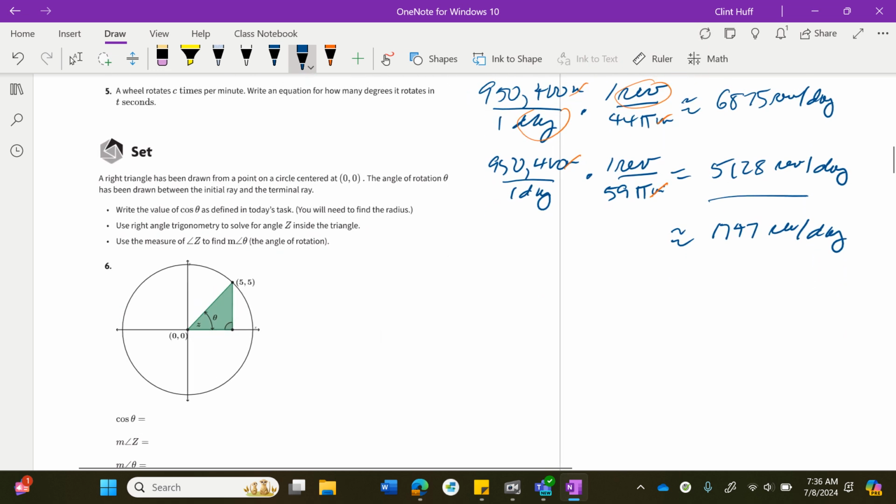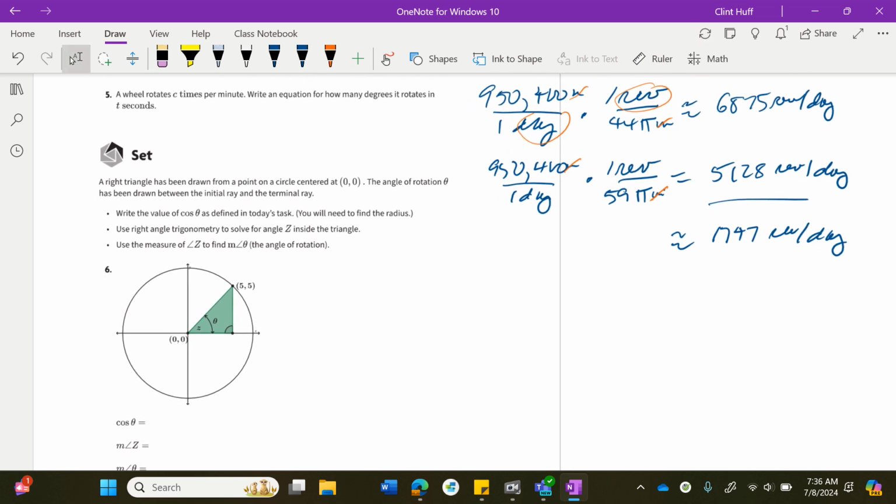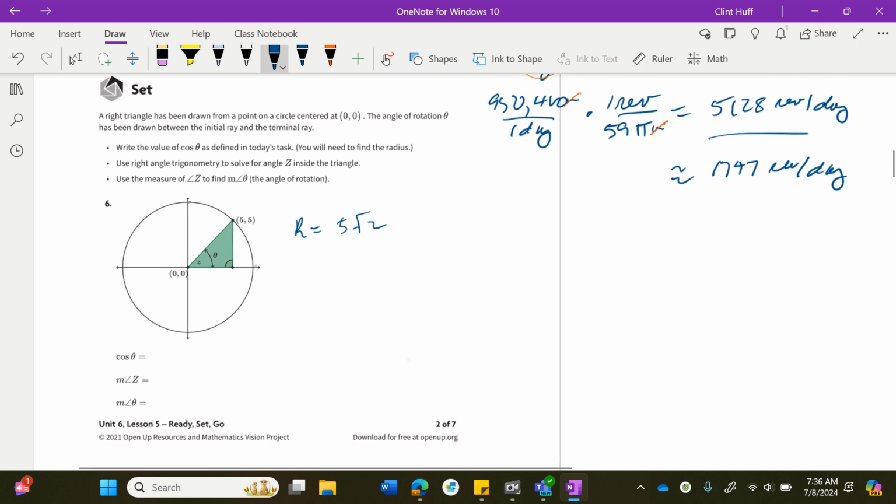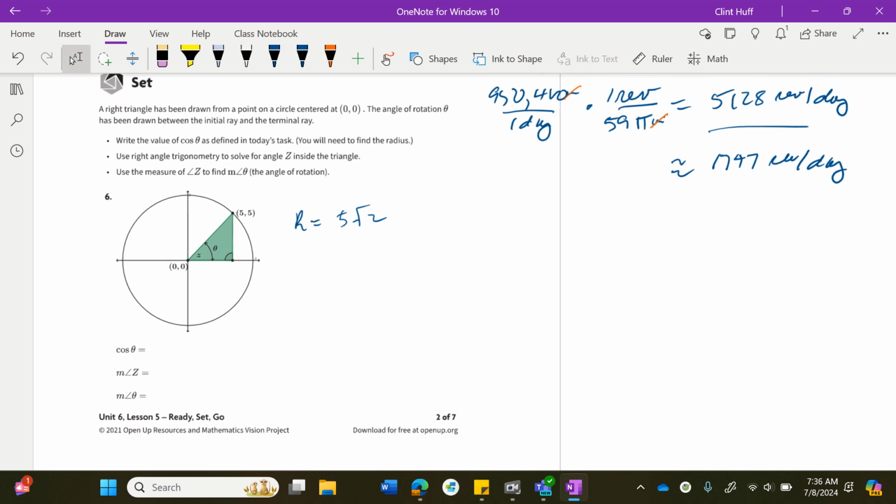All right, so on to the next portion. On this first circle here, we don't have a unit circle. We have a circle where that point is 5,5, and the radius is 5 root 2. You get that from special right triangles. And the cosine is, so this is a 5 here, and it's a 5 here, 5 root 2 there.